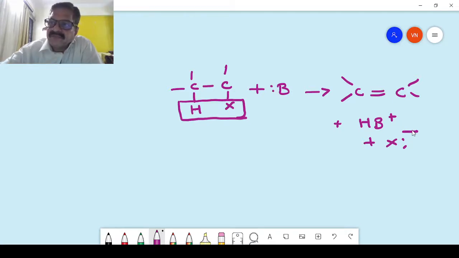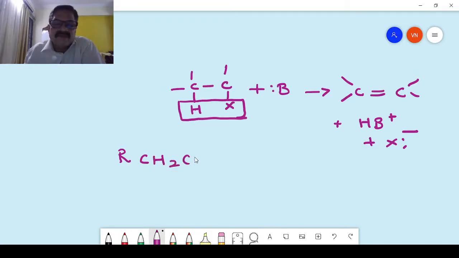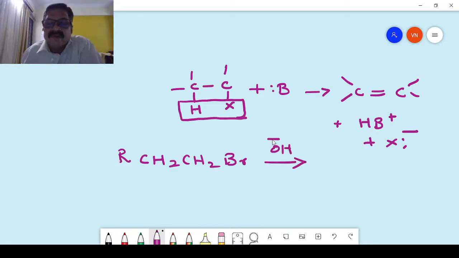Now let us see some examples here, how the reaction is proceeding. Say for example this case, where we use only bases, basically the base-induced elimination. RCH2CH2Br, so this is an alkyl halide here. This is reacting with a strong base, OH minus. So we will be getting RCH double bond CH2 plus the rest of the compounds here.